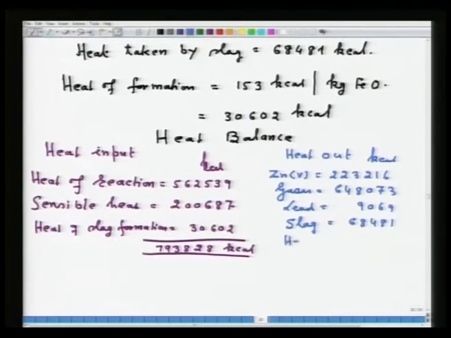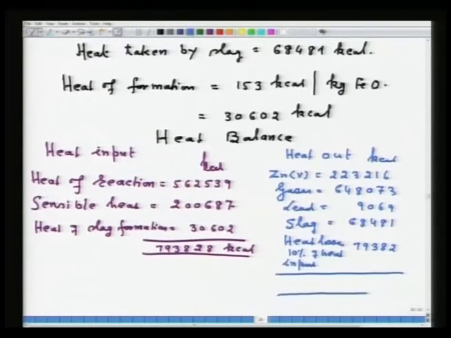Then heat losses I am adding 10% of heat input. So, that is equal to 79382. So, total heat output, that is equal to 10,28221.